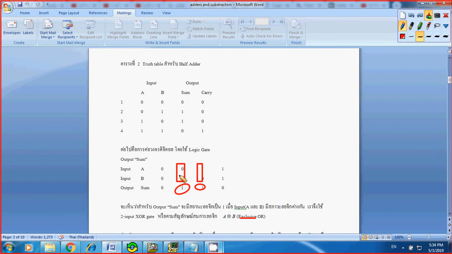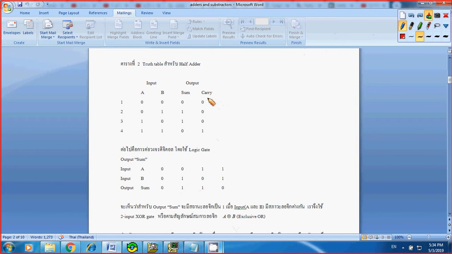Because if you have two inputs and the logic states of your inputs are different, that gives your output logic state to be 1. So simply, to draw the circuit for the output sum, you use an exclusive OR.